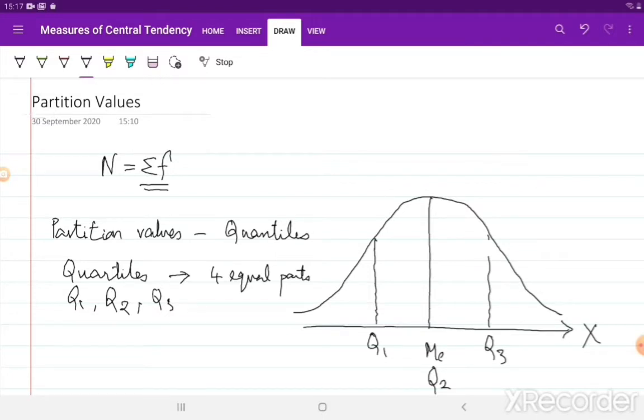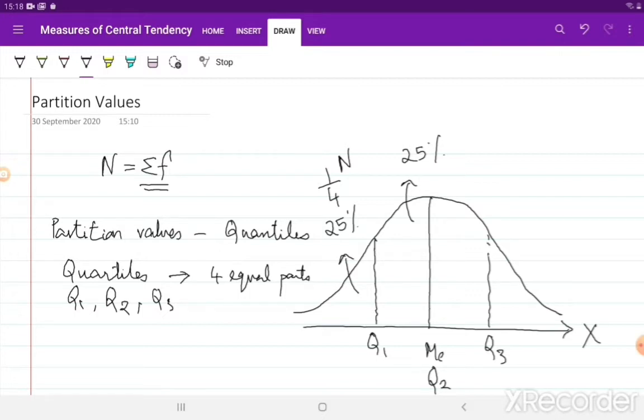Your first quartile, Q1, is the value such that less than this value contains 25% or 1/4 of your total frequency. The second quartile, between Q1 and Q2, contains another 25% of the total frequency or the total number of observations of variable x.